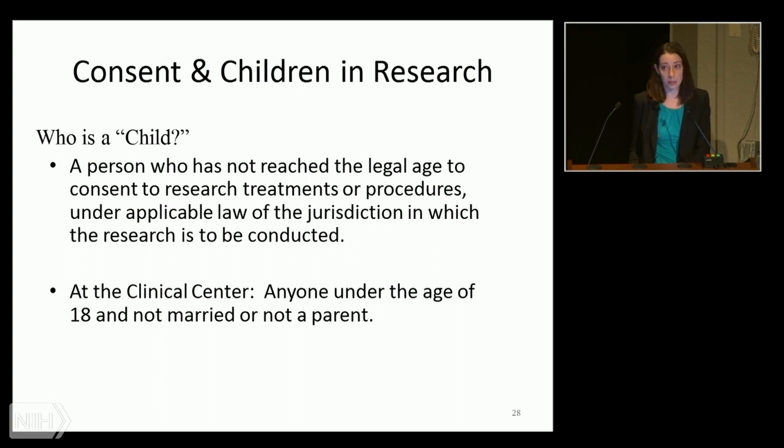Typically, a child is somebody under 18. Sometimes in different clinical settings the age might be younger, such as for obtaining sexual health care and other circumstances. At the clinical center, the definition of child is anybody who's under 18 and not themselves married or a parent.